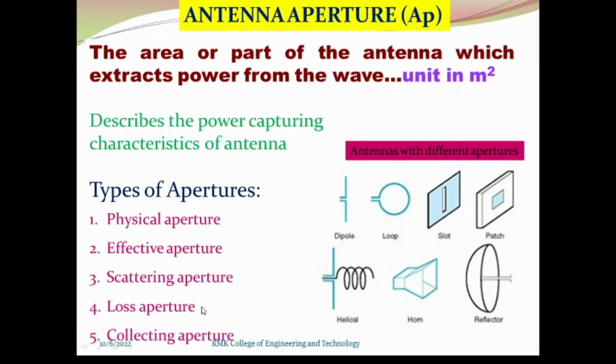Loss aperture calculates the loss factors. Collecting aperture combines the entire apertures due to loss, scattering, effective, and physical, right? So antenna aperture is the measurement of area, that is, from how much area the power can be received by the antenna systems.